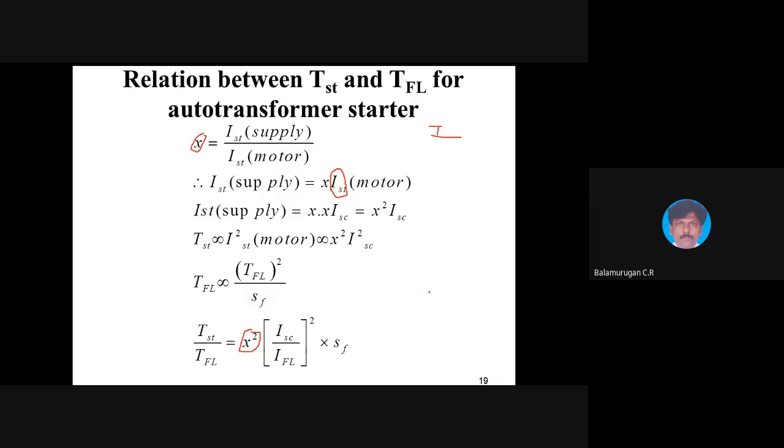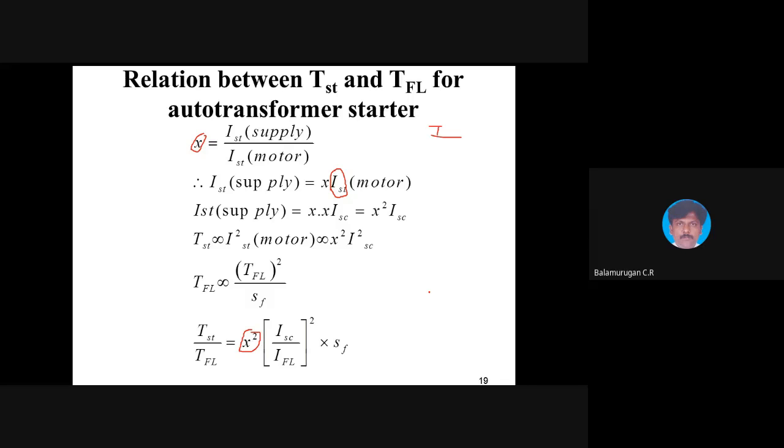The advantage is that power loss will be less. And this auto transformer starter can be used for both star and delta connected motors. Power loss will be very low compared to the stator resistance starter.